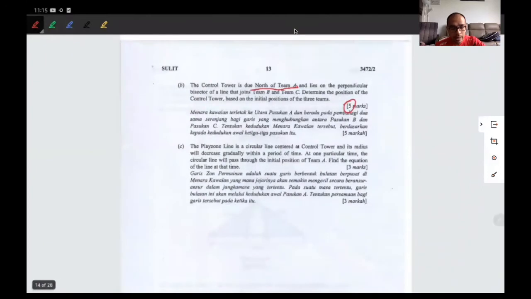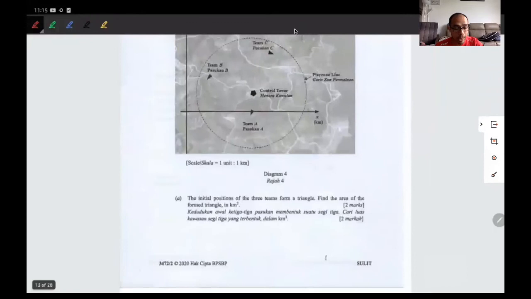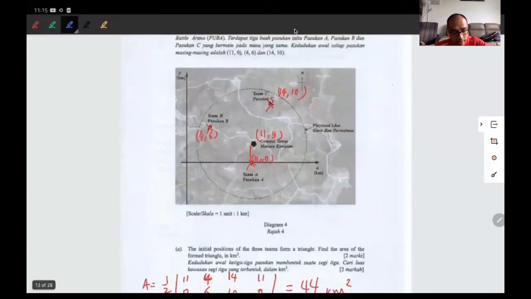Okay, it lies on the perpendicular bisector of a line that joins Team B and Team C. So Team B, Team C over here, and then from here, the perpendicular bisector means midpoint. Okay, so here the midpoint, and here forms a 90-degree angle.